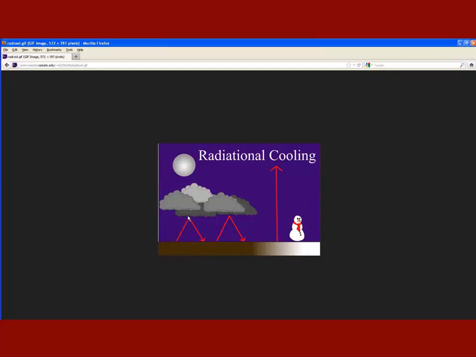So what we're saying, something with a higher temperature will emit more energy, and that energy will be emitted back to the Earth's surface, and since the Earth's surface is absorbing that energy, it's going to be warmer than what it normally would be. So now you know why with clouds at night we typically don't drop as much as we would on a clear night.